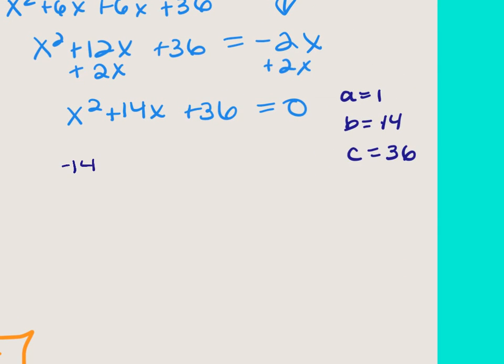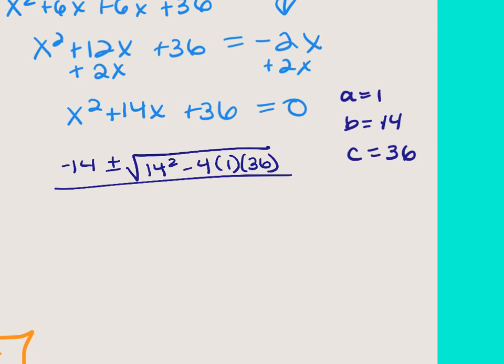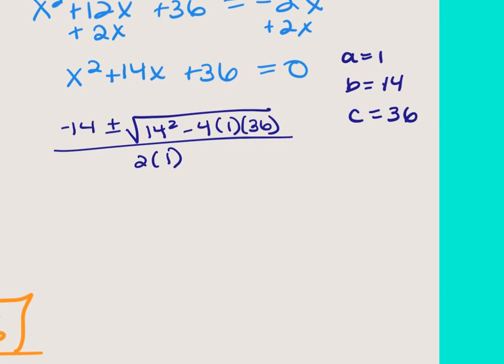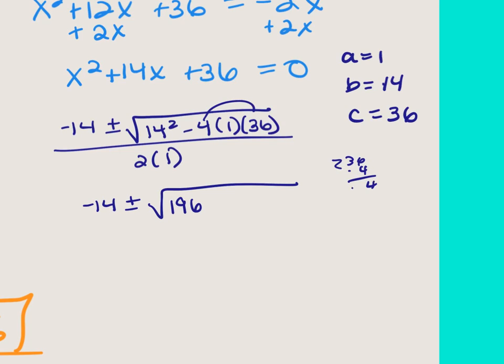Negative 14 plus and minus the square root of 14 squared minus 4 times A times C all over 2 times A. Negative 14 plus and minus the square root of 14 squared is 196. 4 times 36 is 144 over 2.